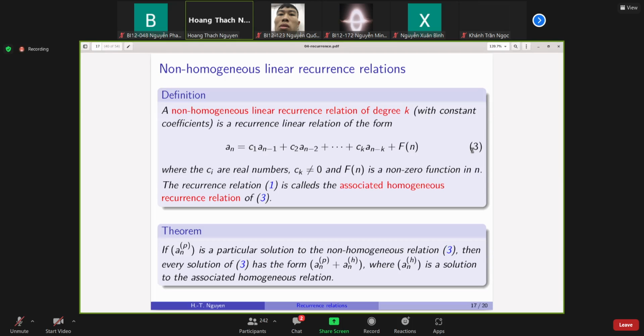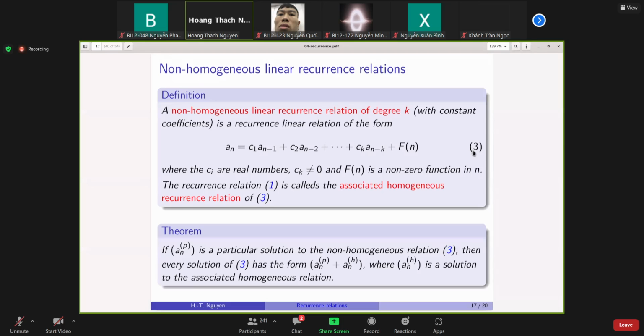And further, in later courses, if you study differential equations, then you will re-encounter this idea of how to use the associated homogeneous case to find the general solution to the non-homogeneous case.